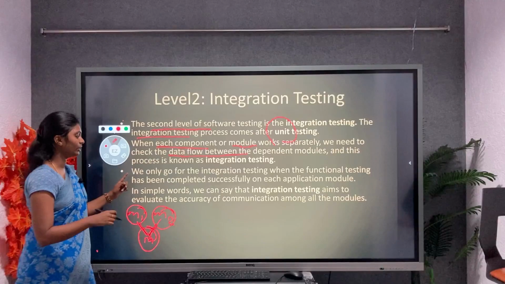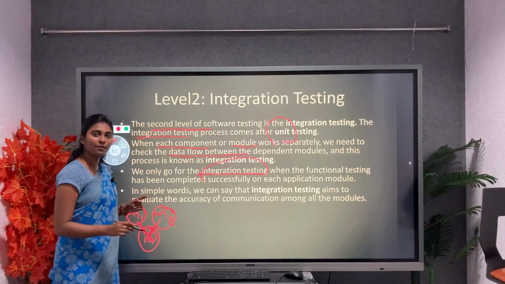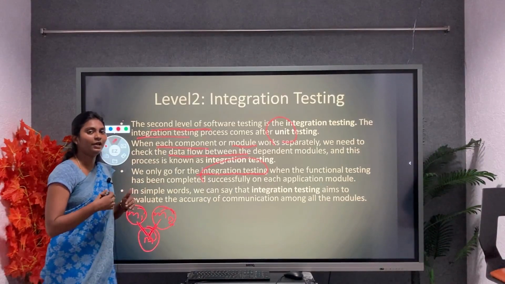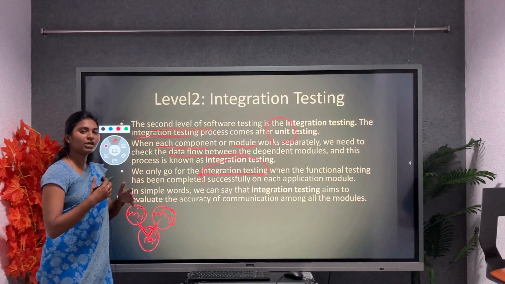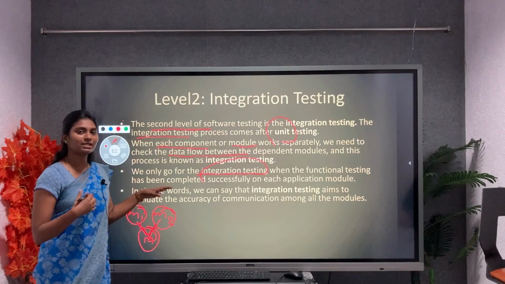Next, integration testing is a functional testing, done internally. Functional testing is nothing but completing the application successfully.